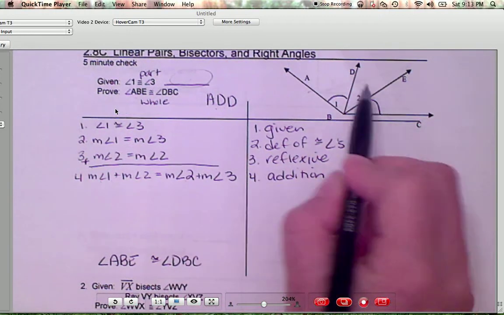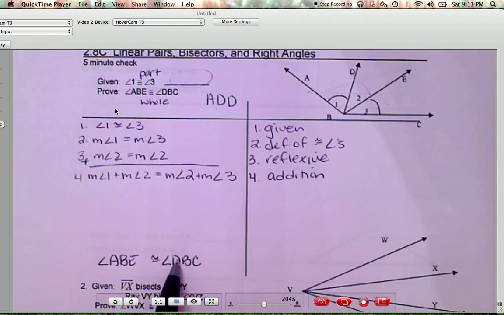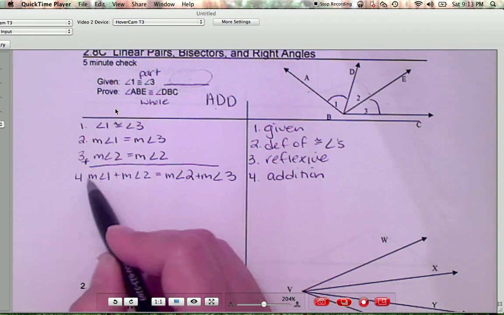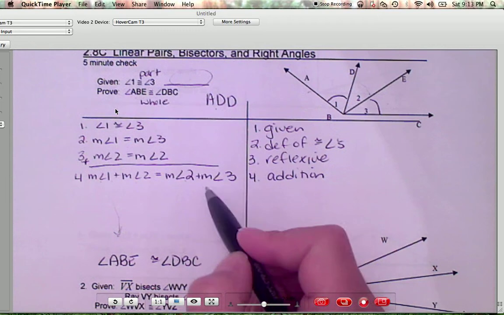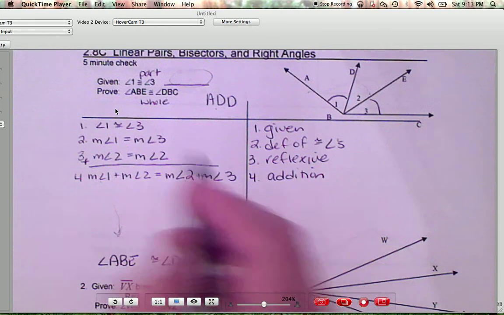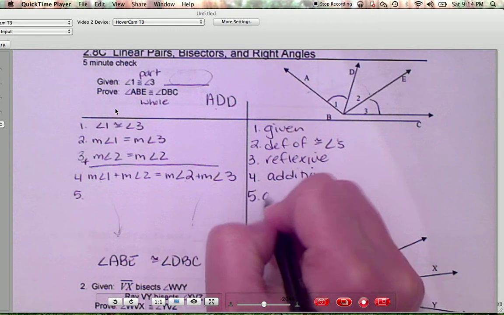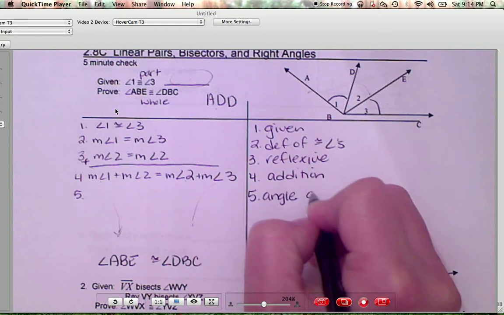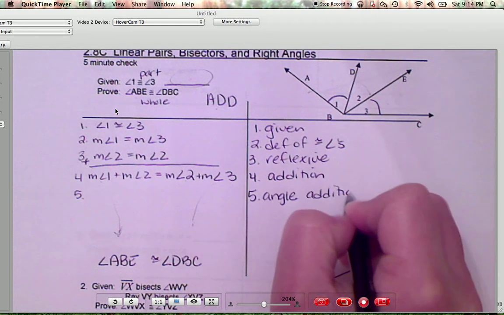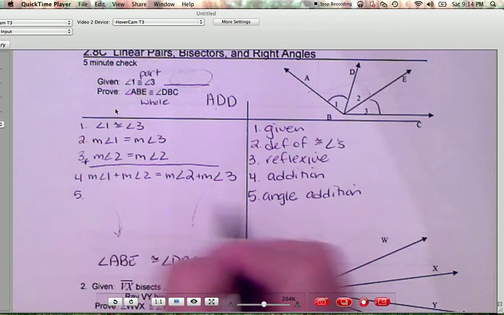And 2 plus 3 does add up to angle DBC, which is where we're trying to get to. So we want to squish these down into a single angle. Now before you can do that, you have to use an angle addition step that tells you what they will squish down into.